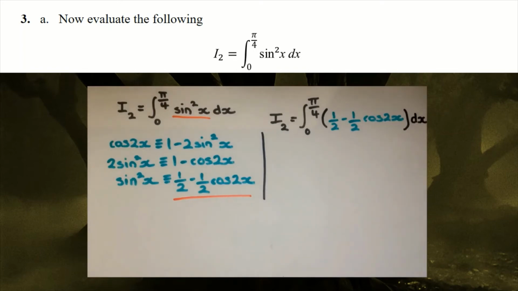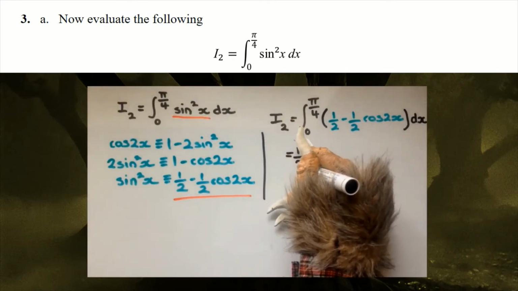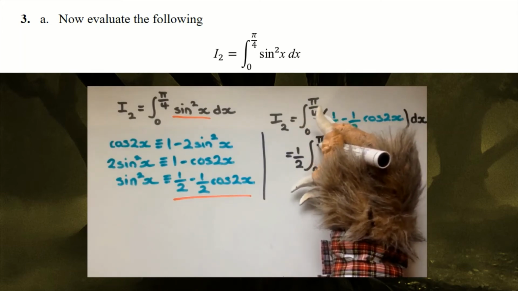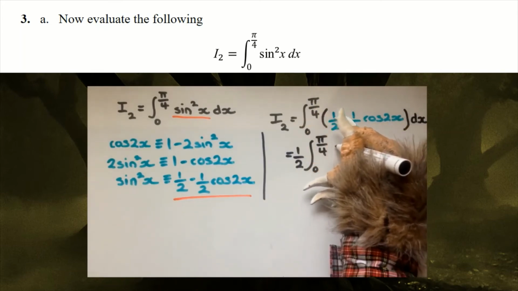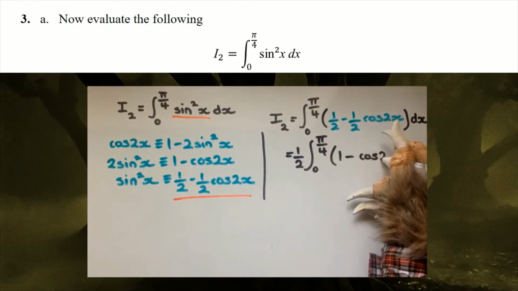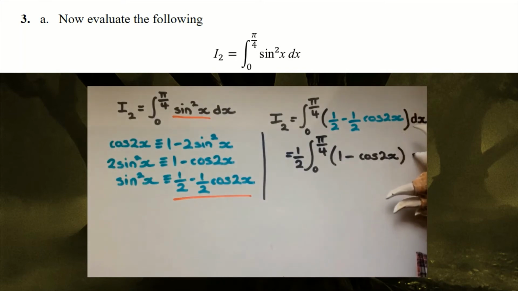Just fits on. If you prefer, let's drag out the 1/2 to make the integrand a little bit more simple. So this is going to equal 1/2 of the integral from 0 to pi over 4, open a bracket, 1 subtract cos 2x.